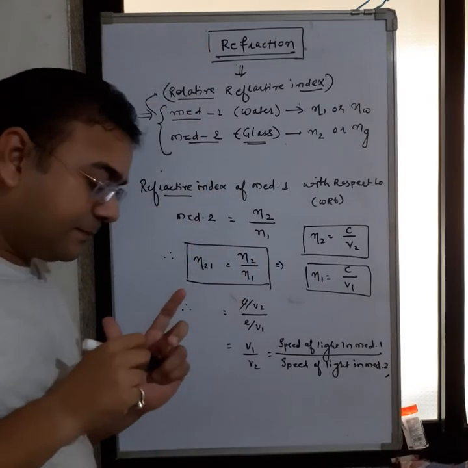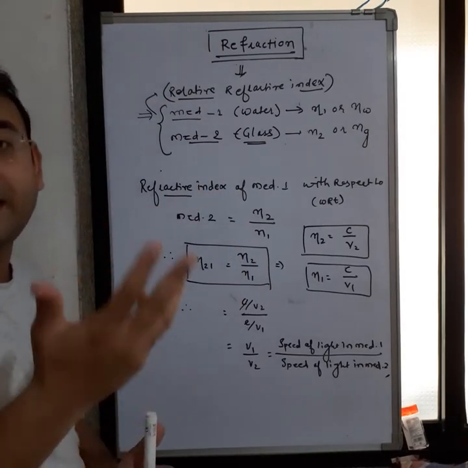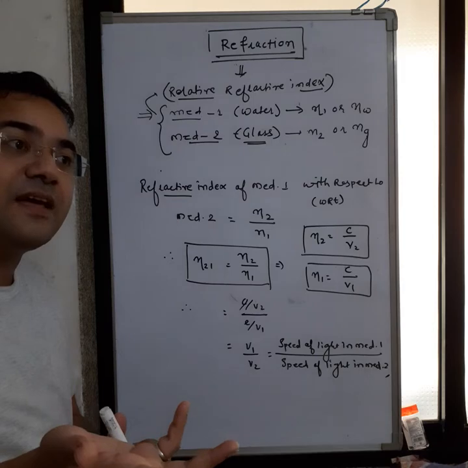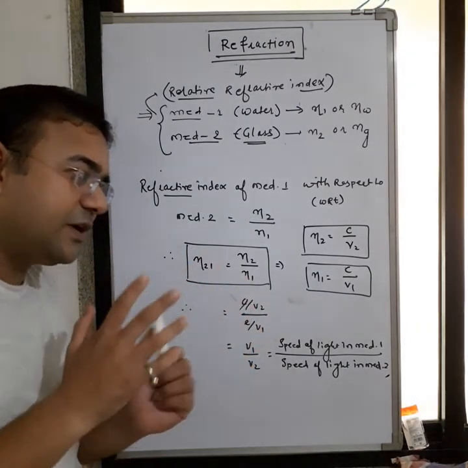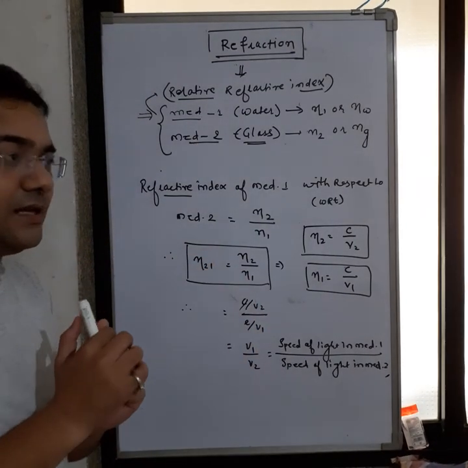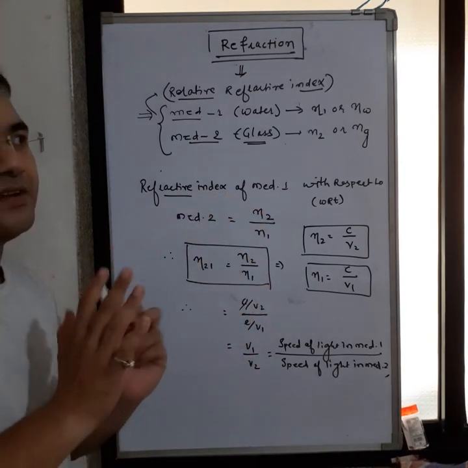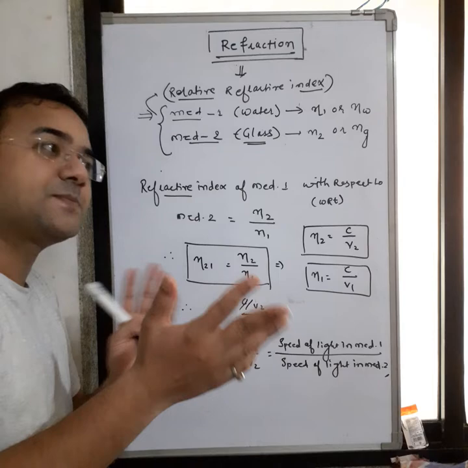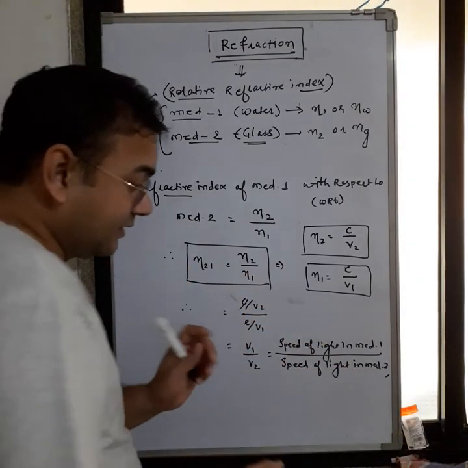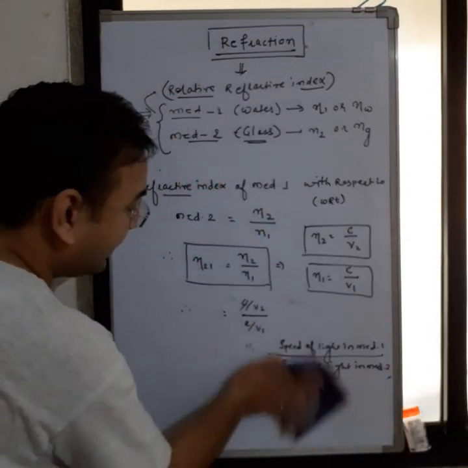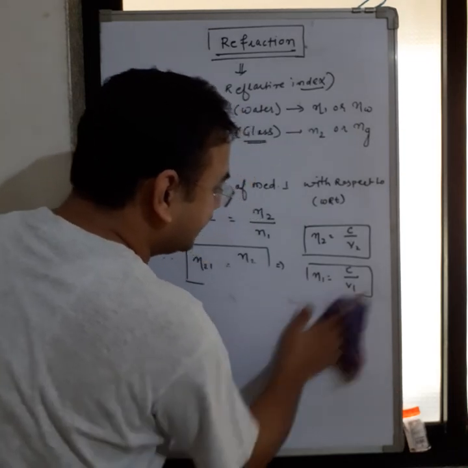When we compare the speed of light in any medium with the speed of light in air, it is considered as the absolute refractive index. So refractive index has two types, absolute and relative. Got it?